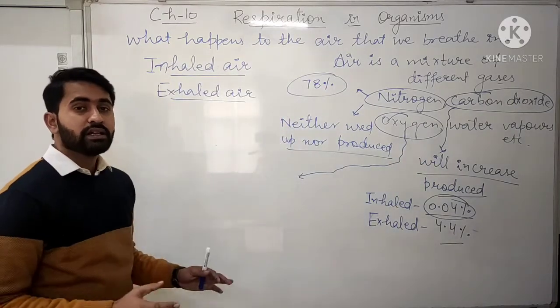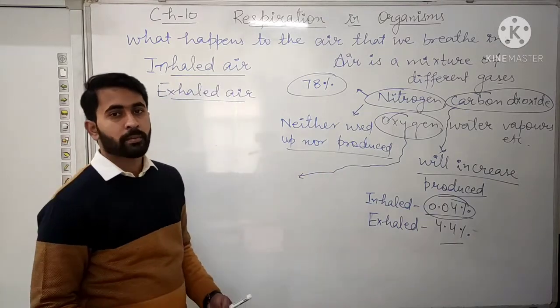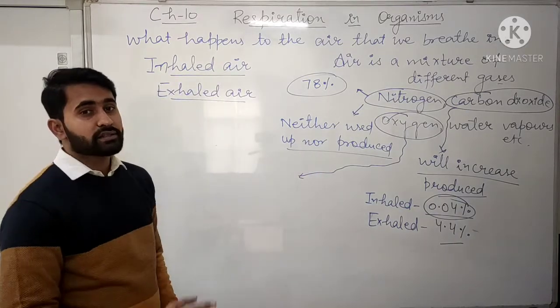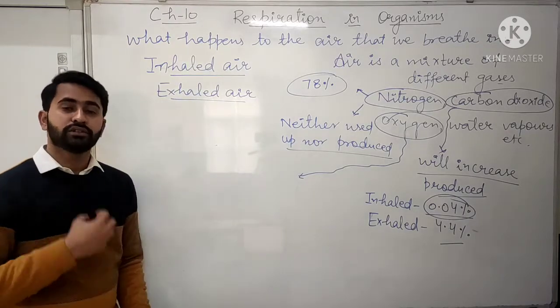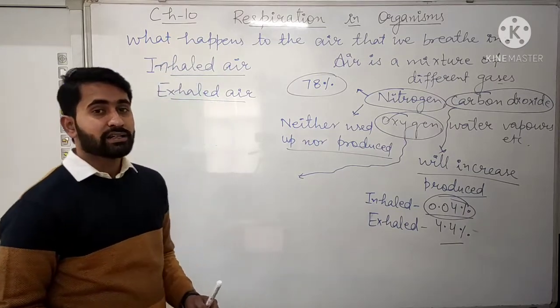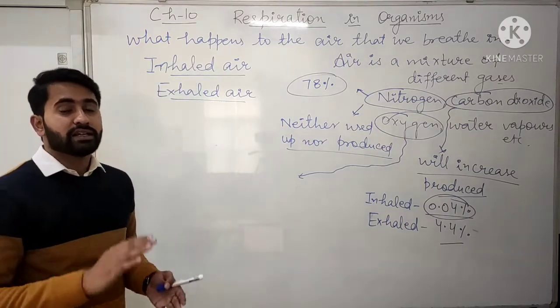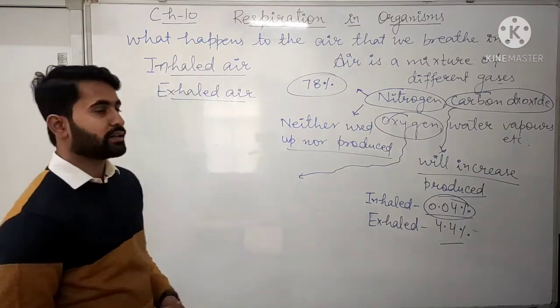So it means in aerobic respiration oxygen is used, whereas it is not produced. So when it is used during aerobic respiration, its amount will decrease, or we can say its proportion in the air will decrease.